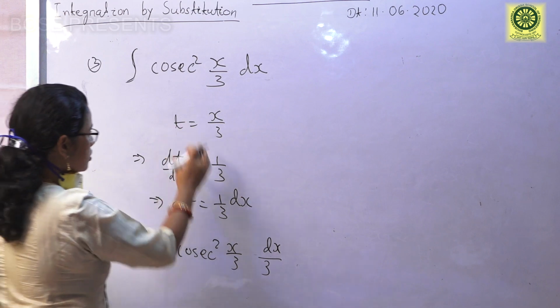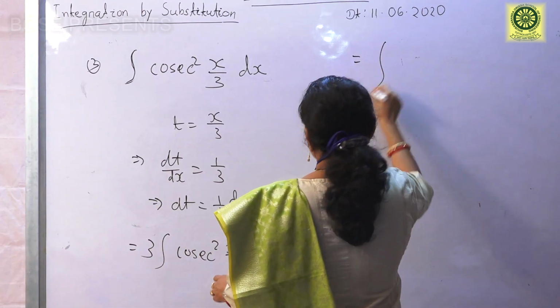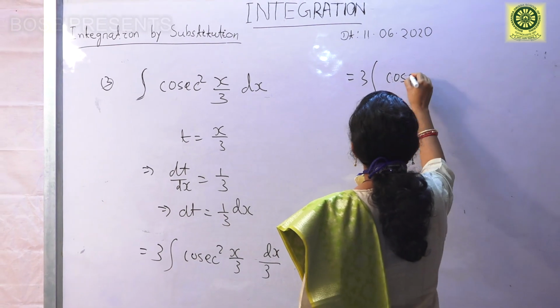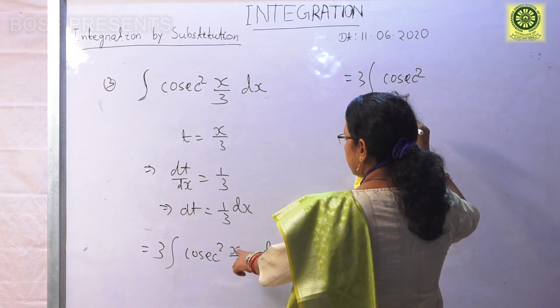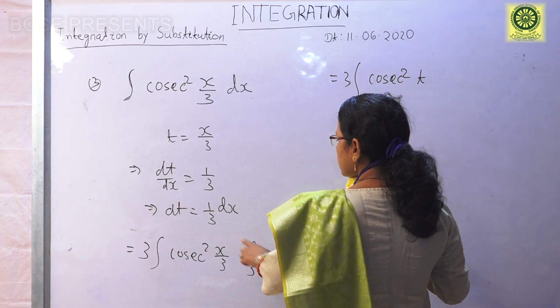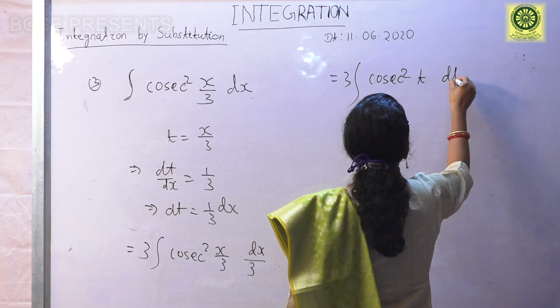Okay. Now use this substitution. So our 3 is here, then cosec square, x by 3 is replaced by t, and dx by 3 should be replaced by dt.